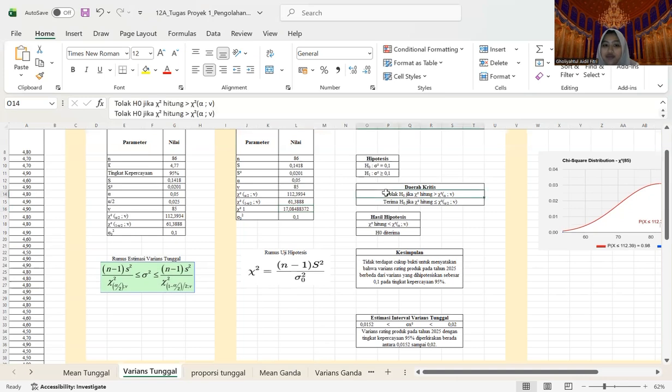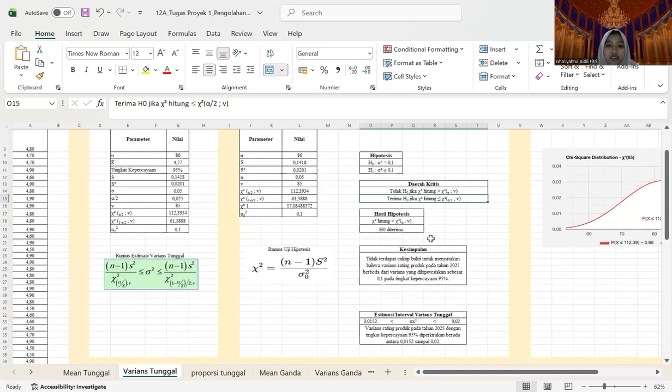Now let's move to the critical region. H naught would be rejected if chi-square calculated is greater than chi-square alpha over 2. It would be accepted if chi-square calculated is less than or equal to chi-square alpha over 2.